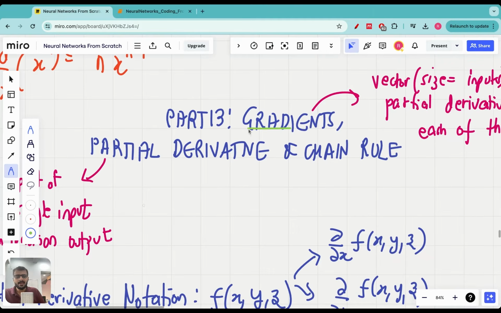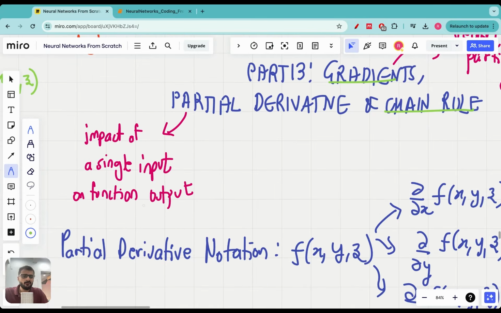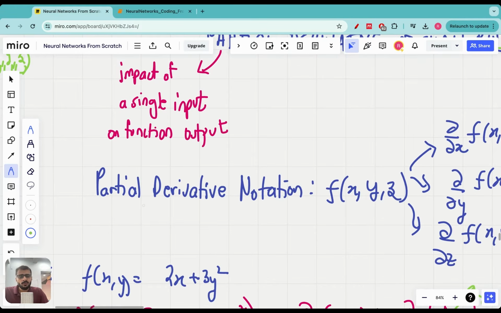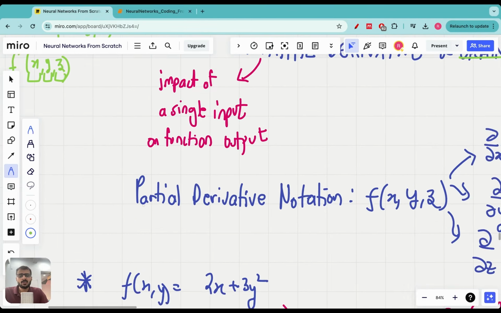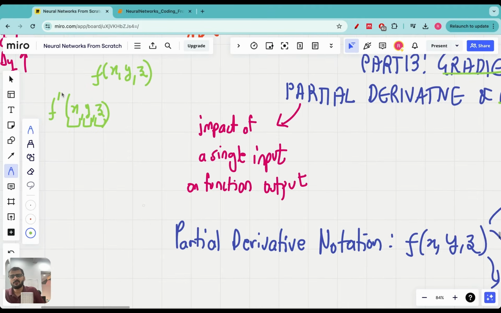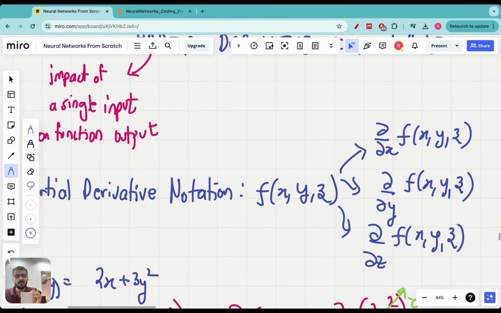So we'll look at gradients also, and finally we'll look at the chain rule, which is essentially the backbone of backpropagation. So first, I want to introduce you to the notation of partial derivatives. As I said, we cannot have f dash randomly because we need to specify we are taking the derivative with respect to which variable.